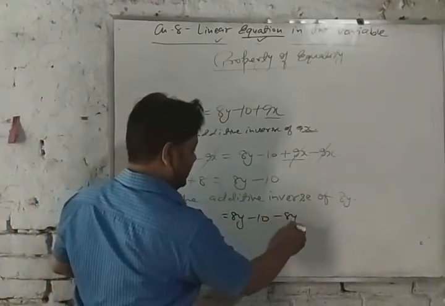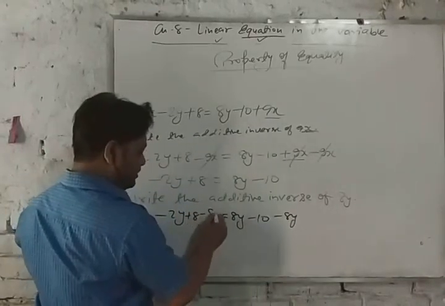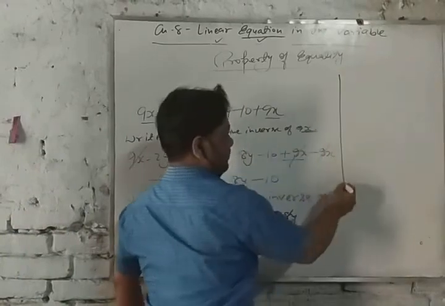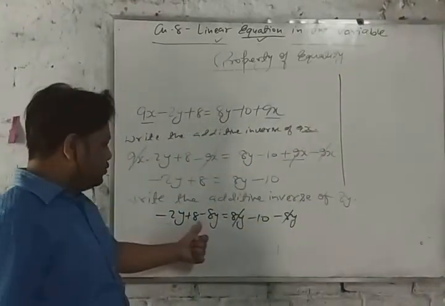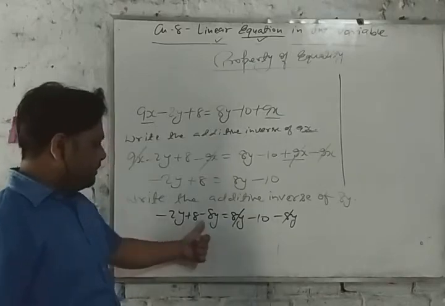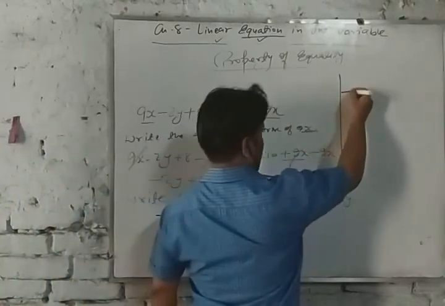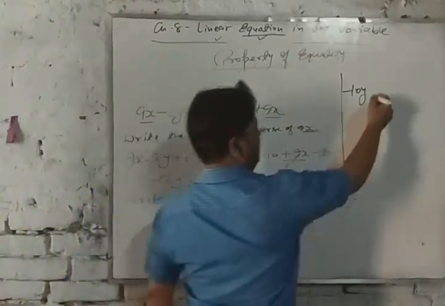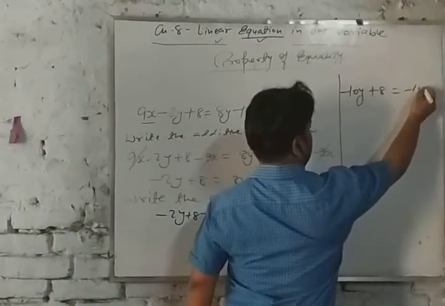Then we will write minus 8y, and same as here minus 8y. 8y cancelled out. Now here we can see minus 2y and minus 8y, so minus plus means minus 10y. Then the constant term plus 8 and here minus 10.